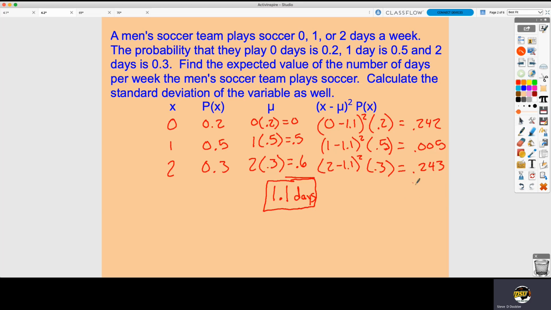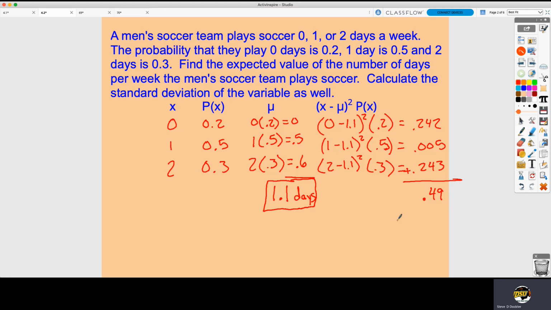All right, your first step for this is we need to add all three of those together. And we get an answer of 0.49.